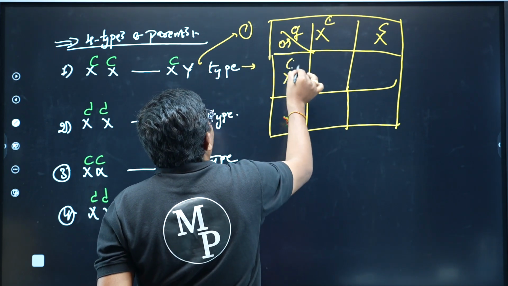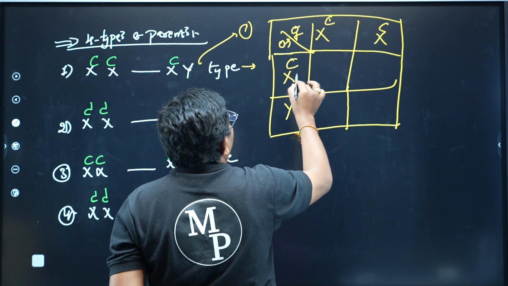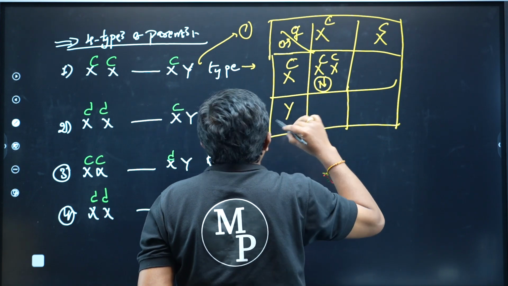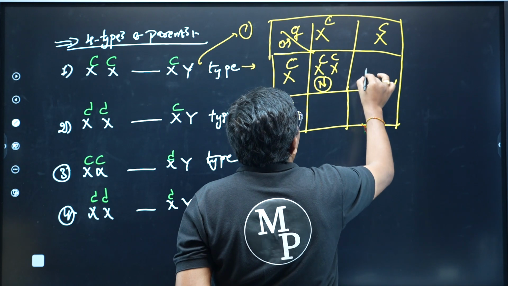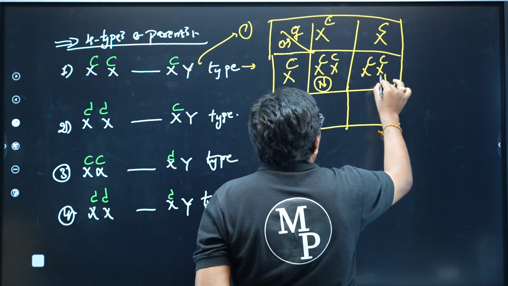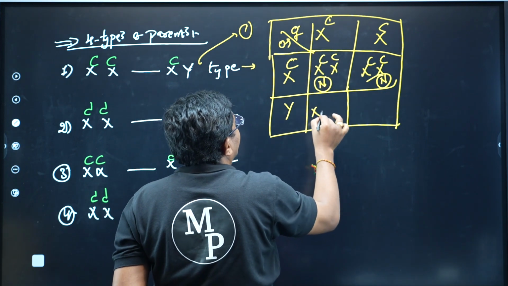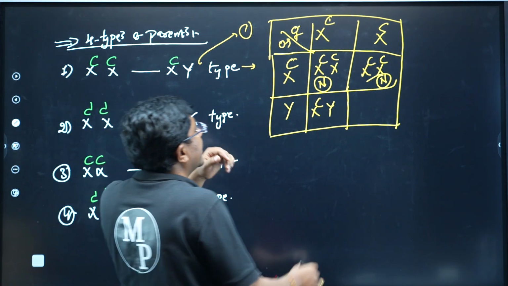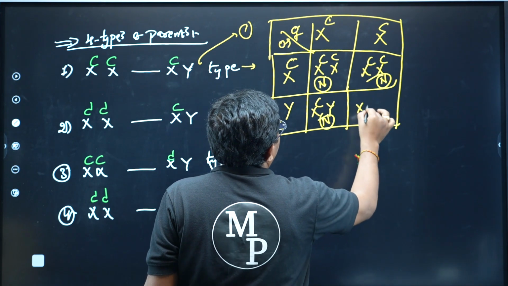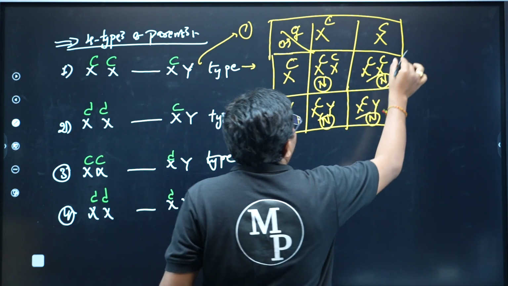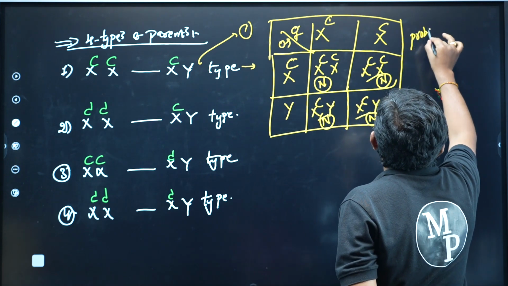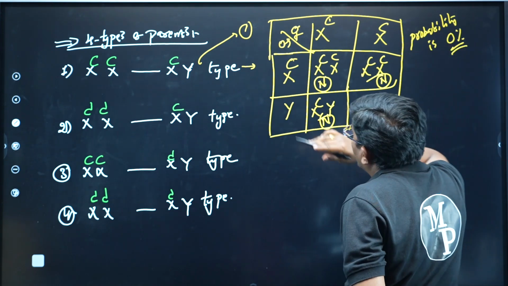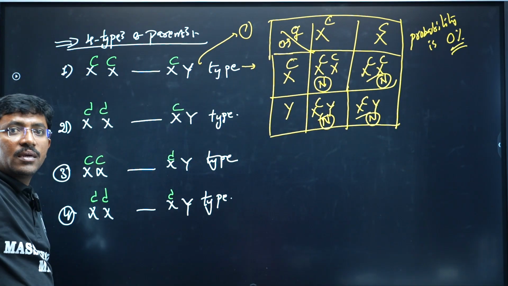So this side X^C X^C, and the other side X^C Y. What is X^C? Normal. X^C X^C again normal, and X^C Y, which we already discussed previously, so it is also normal. X^C Y again normal, which means the probability of being affected is 0%. 100% of offspring are normal.